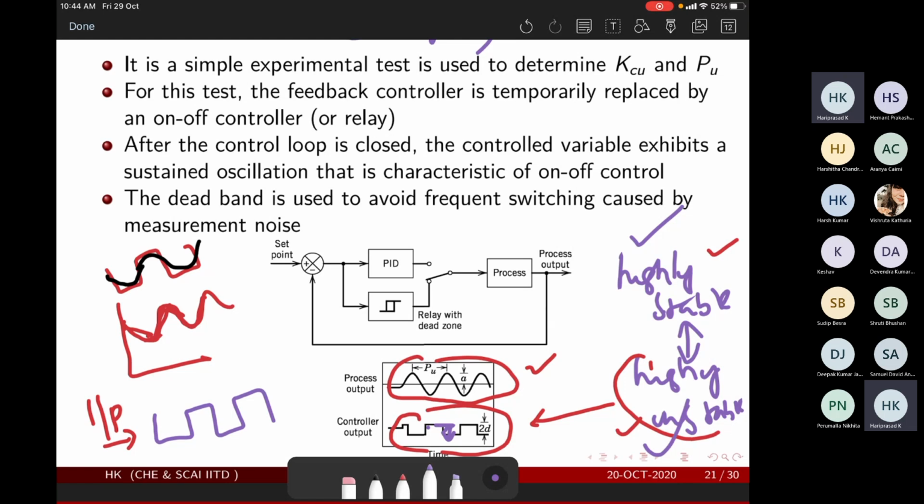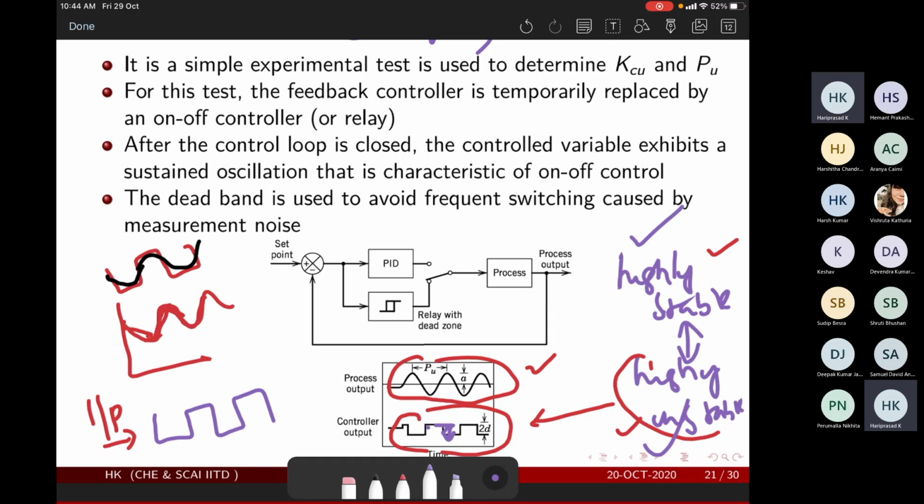Instead of putting a controller with Kc and tau I and changing Kc, you put a relay inside the system and keep it on and off. Your input side, which is the controller output, would be on-off, but due to the inherent speed limits and the inherent delay in the system, the output would not be reflected as a quick on-off, but it would be a smooth oscillation.